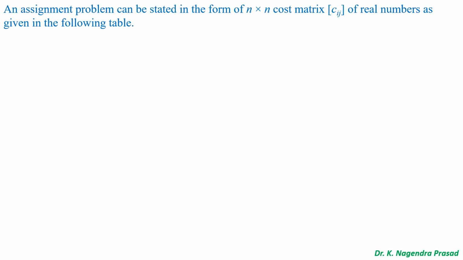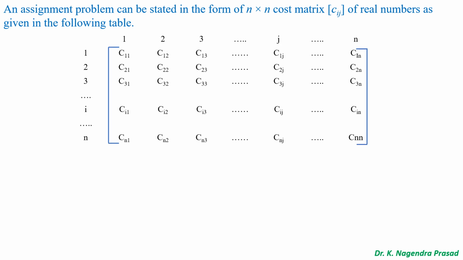An assignment problem can be stated in the form of an n by n cost matrix of real numbers Cij, as given in the following table. Here n jobs are to be performed by n persons with the cost Cij. So this is the cost matrix, represented by a square matrix like this.